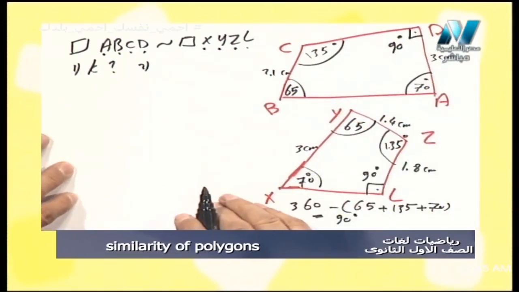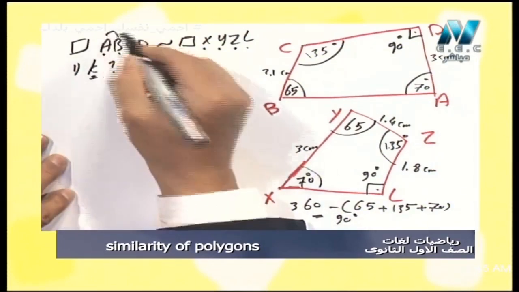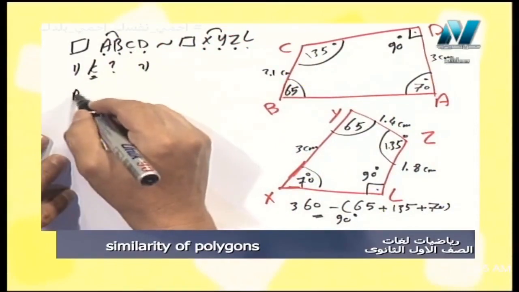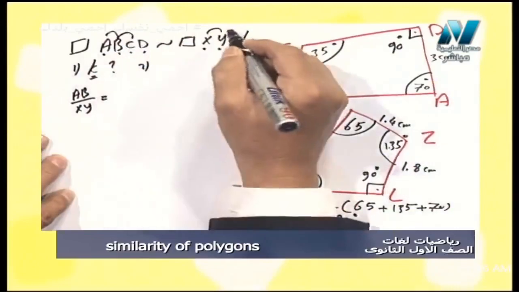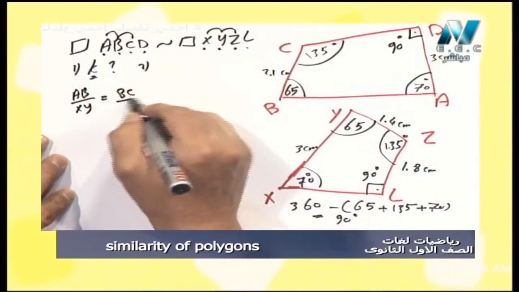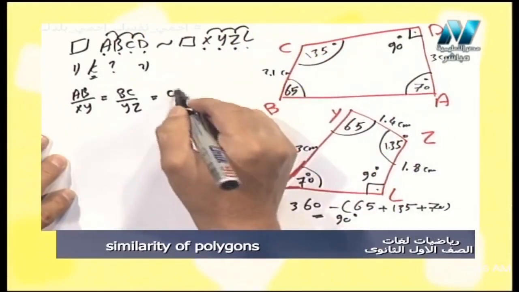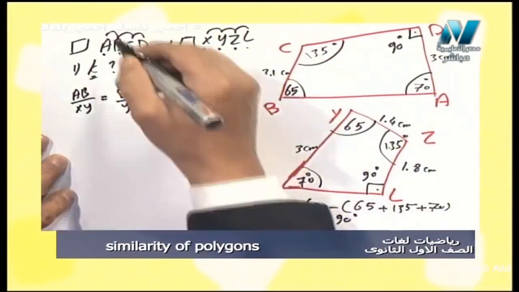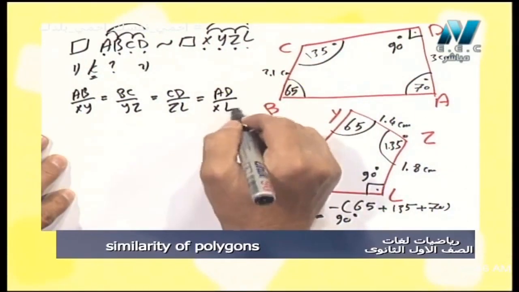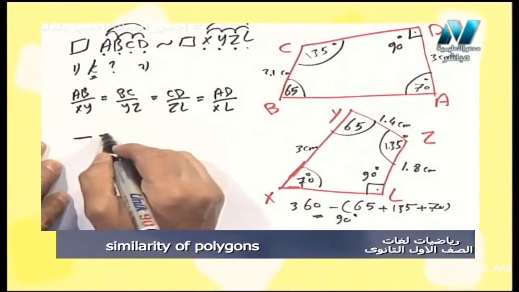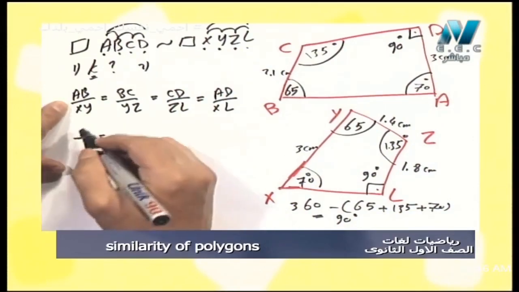And what about the sides and K? Let's move to AB over XY equals BC over YZ equals CD over ZL, and finally AD over XL. And let's substitute the numbers. AB we don't know.